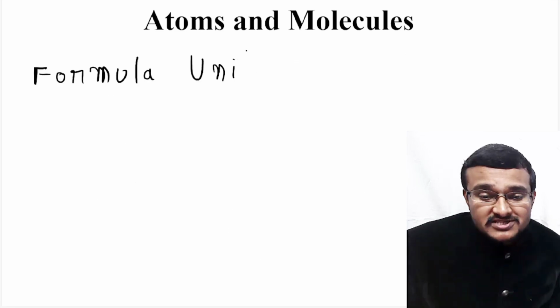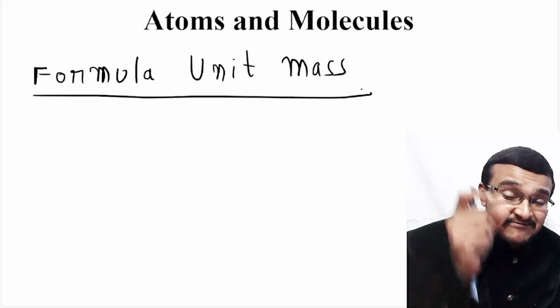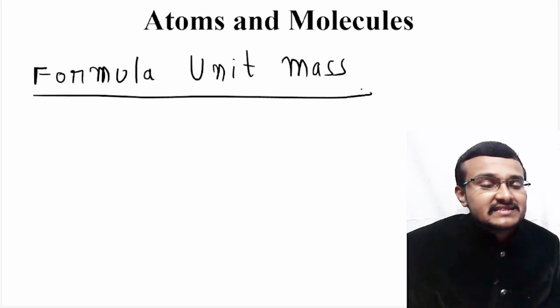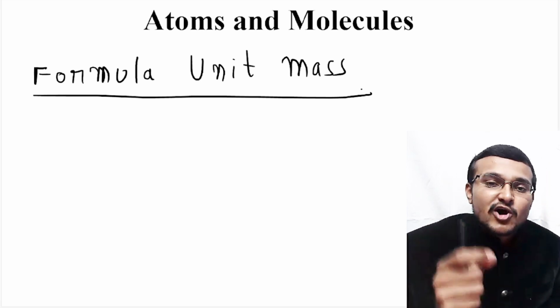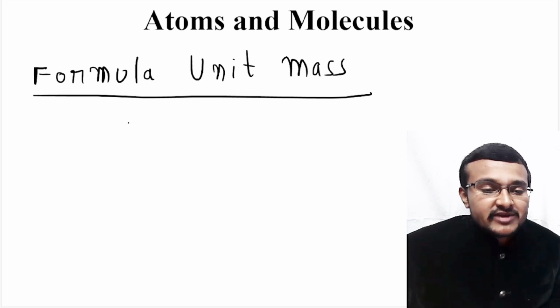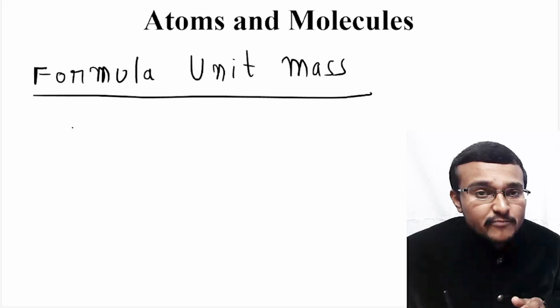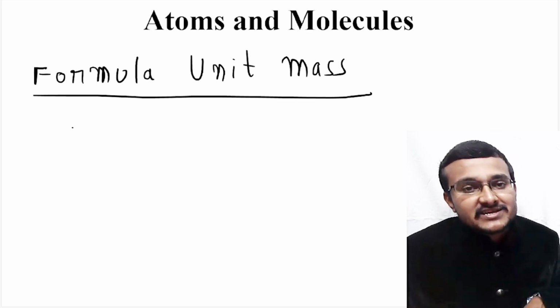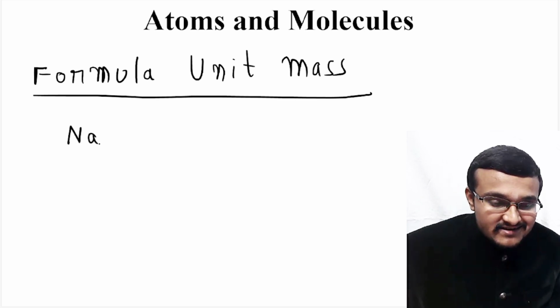So there is one more concept which is known as formula unit mass as well. If you are calculating the relative molecular mass of a definite compound, then that particular relative molecular mass is known as formula unit mass. So for example, if you are considering a definite compound where ions are involved, for example, if I consider sodium chloride.